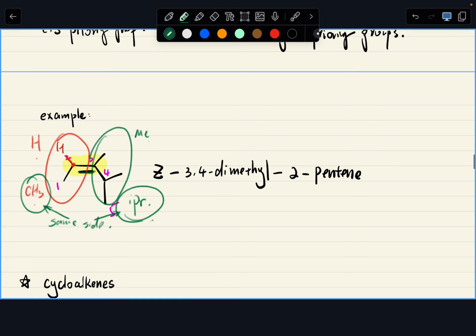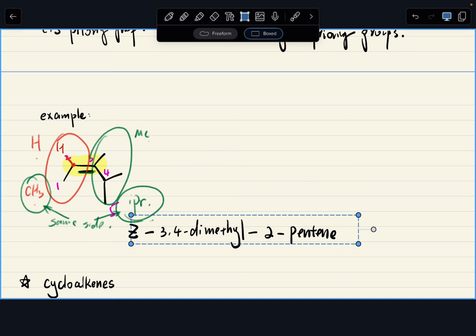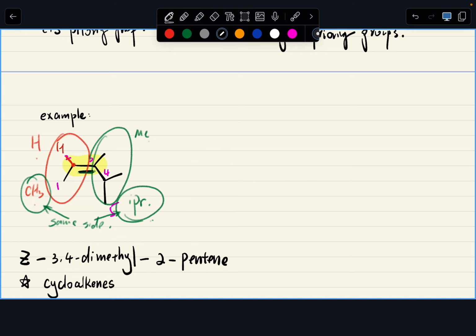Let's do it one more time and see if this makes more sense to you. So, one more time. Assuming I have, let's say, something like this, chlorine, methyl, and then something like this. All right, again, for nomenclature, I want to put my double bond on my longest chain. So in this case, 1, 2, 3, 4, 5.